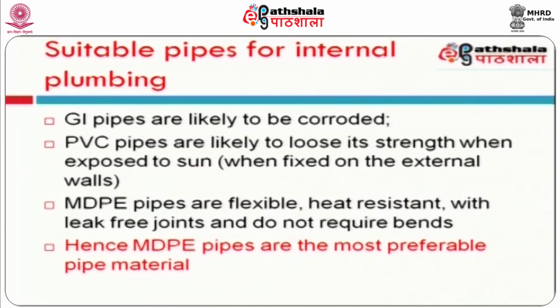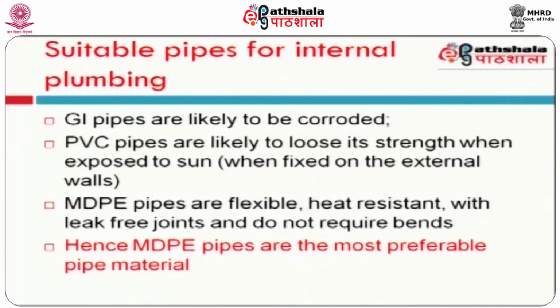When exposed to the sun, the quality and strength of the pipe deteriorate and its life is reduced, whereas polyethylene pipes are suitable. They are heat resistant, flexible, and not liable to leakage. Therefore, medium density polyethylene pipes are generally preferable for water distribution in buildings to various fixtures.